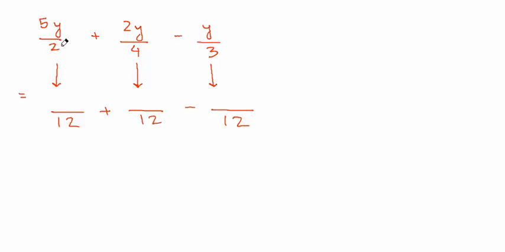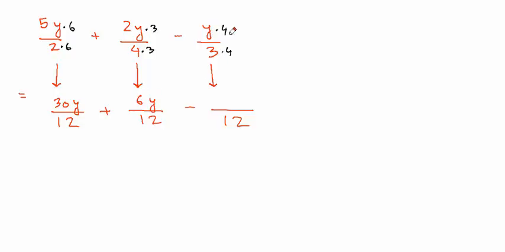2 times 6 is 12. Times 6 on the denominator, times 6 on the numerator. 4 times 3 is 12. So times 3, times 3. 3 times 4 is 12. Times 4, times 4. 5 times 6 is 30, we have a 30y. 2 times 3 is 6, 6y.